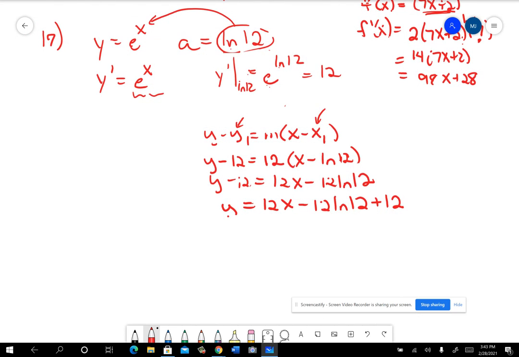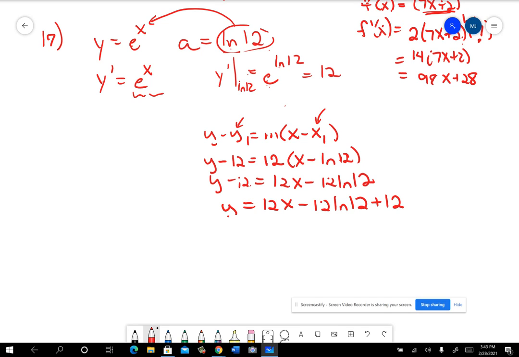So this was number 17. I did it because it involved the e's, but it's kind of unusual. So we got 12x minus 12 ln 12 and then plus 12.